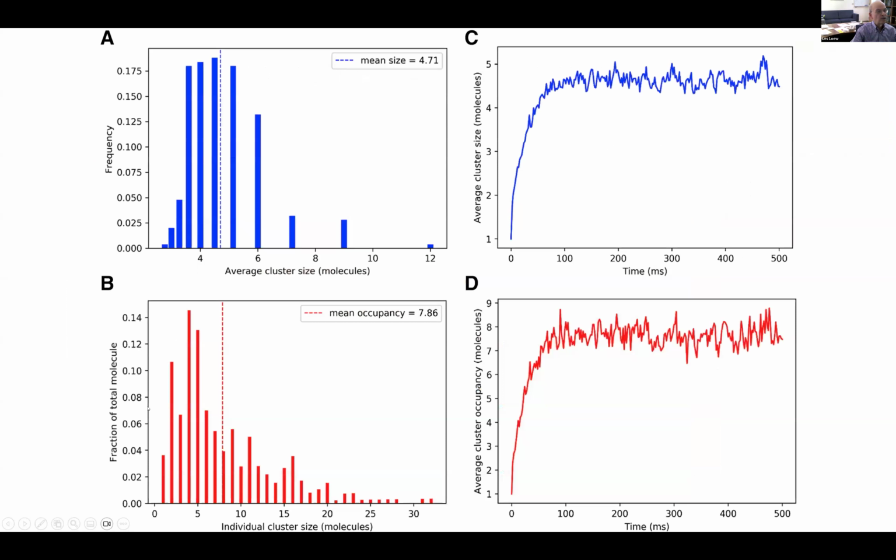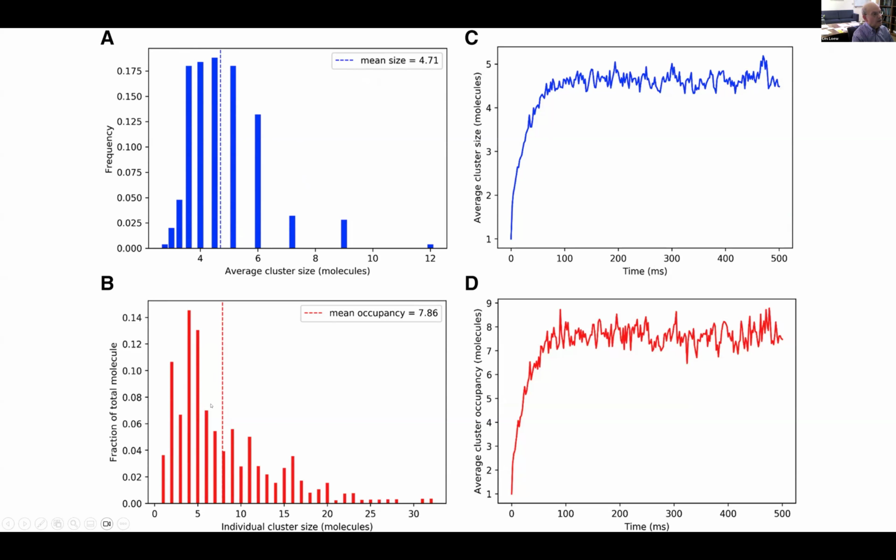And the software also allows you to do some statistics. So here's a statistic showing a histogram of the average cluster size in that simulation. And here are the kinetics as the average cluster size changes. So this histogram was taken at steady state when the system approaches a constant, and it was based on 100 runs. The software allows you to do multiple runs so you can get these kinds of statistics.